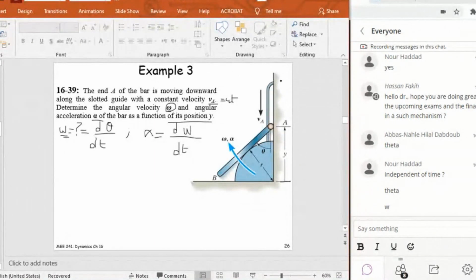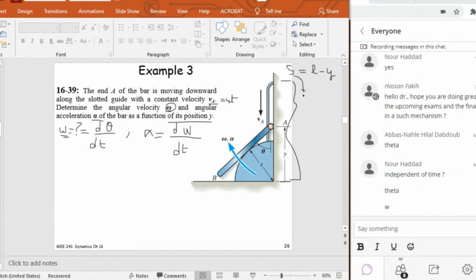Okay, in fact, guys, I know that this length is constant, and this length is S, which is the position of point A, plus y. And this means that S is equal to L minus y.